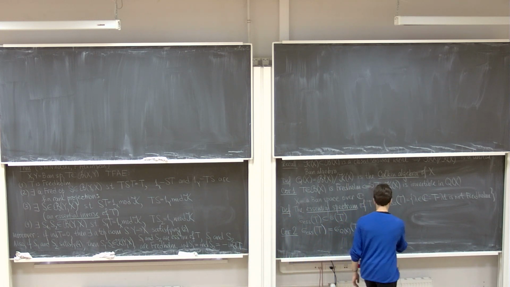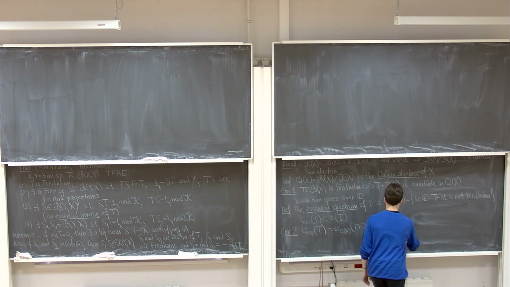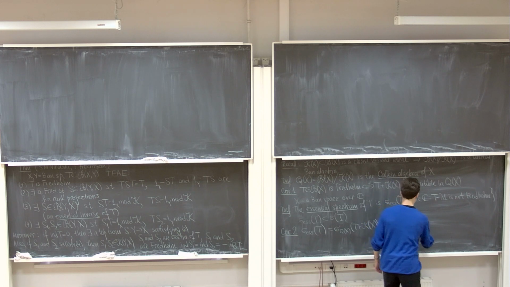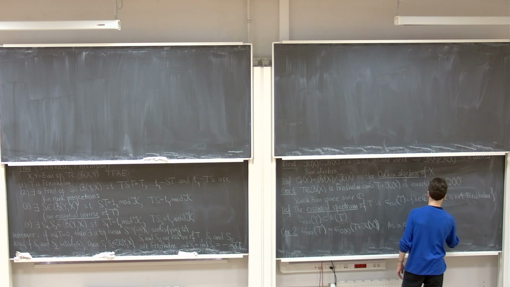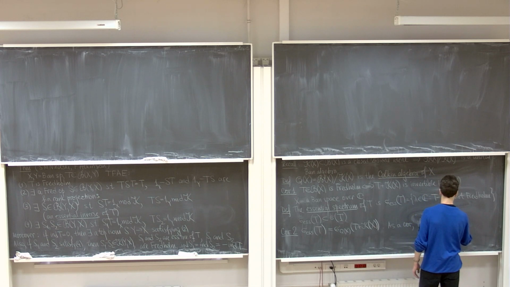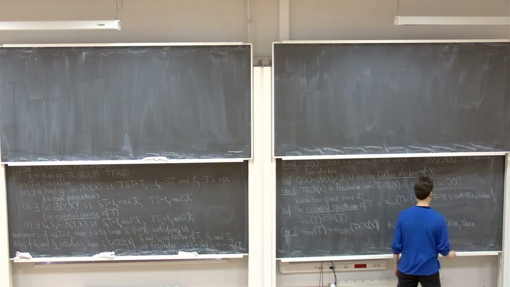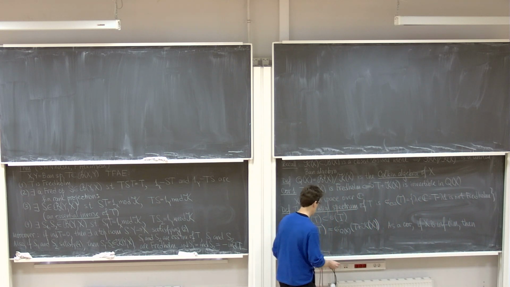So as a corollary, we see that the essential spectrum, if X is infinite dimensional, so the Calkin algebra is non-trivial, is compact and non-empty.